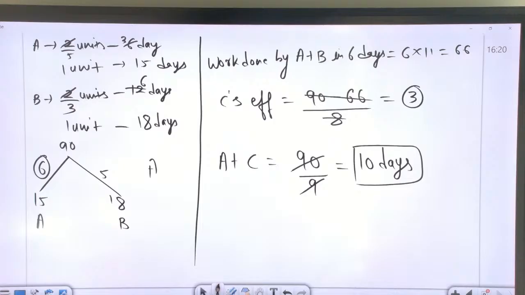Q completed the remaining work in 40 days.